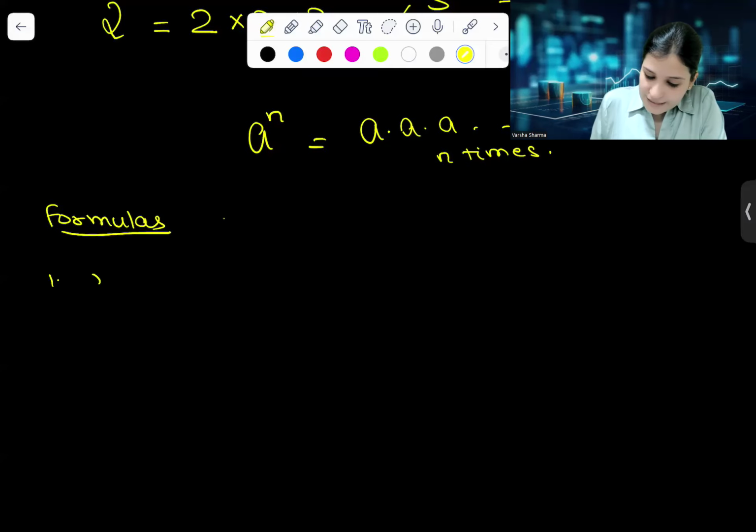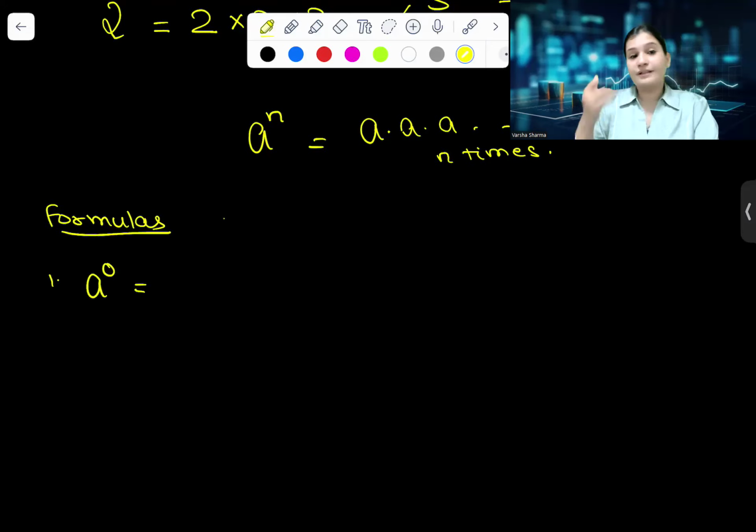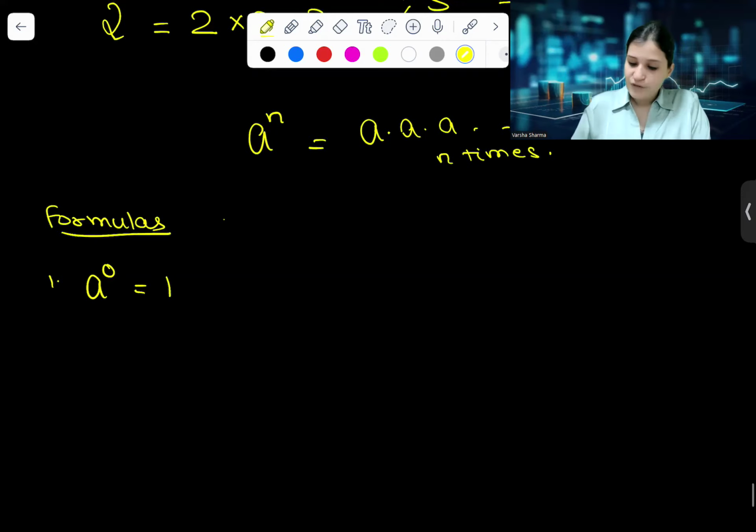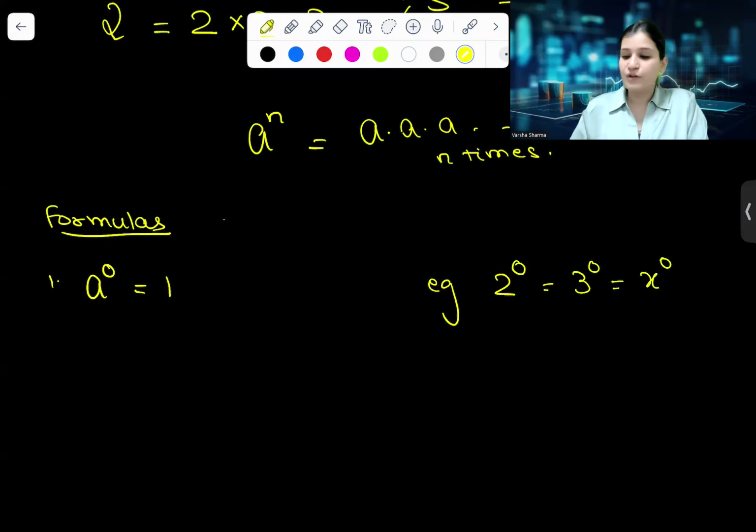First, anything raised to the power 0. That means we need to multiply a 0 times. That means I don't even need to multiply anything. So if I'm not writing anything, the blank vacant space will be filled up by what? 1. So anything raised to the power 0 will give us 1. For example, 2 to the power 0, 3 power 0, x power 0, anything to the power 0 will give us the answer 1.